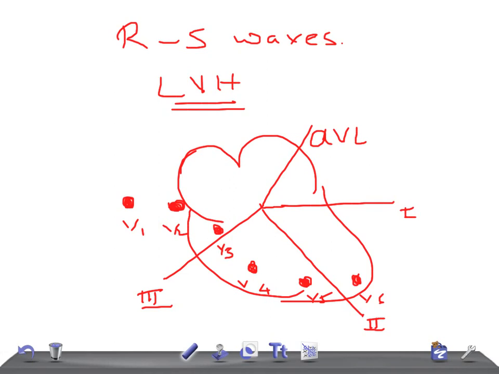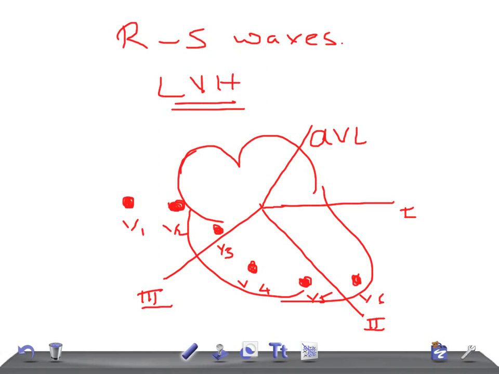If they are exceeding in that particular lead, they are abnormal. But they are smaller in other leads. Remember, this is very important. The R wave will be smaller, less than 25 millimeter in different leads, but in the tallest lead it should not exceed 25 millimeter. That's it.